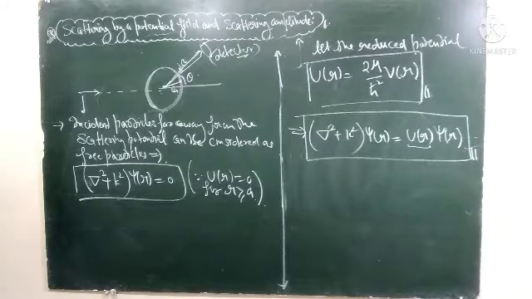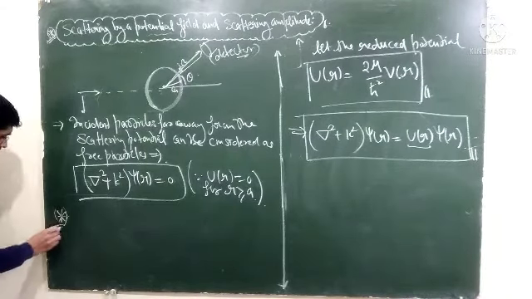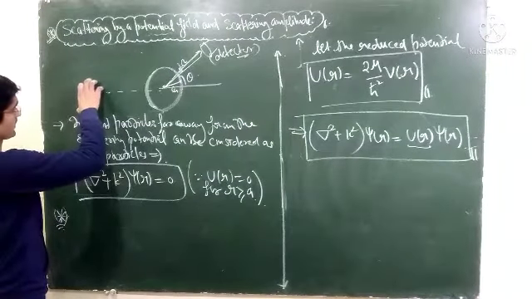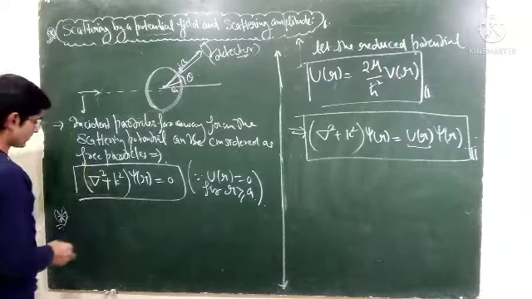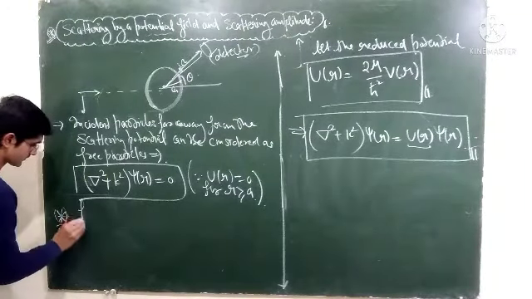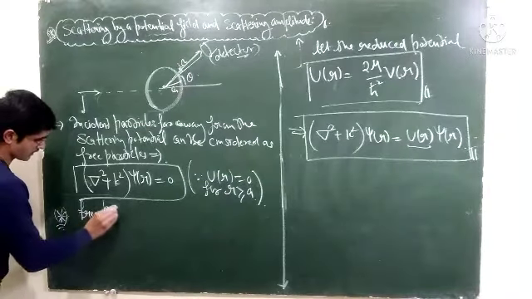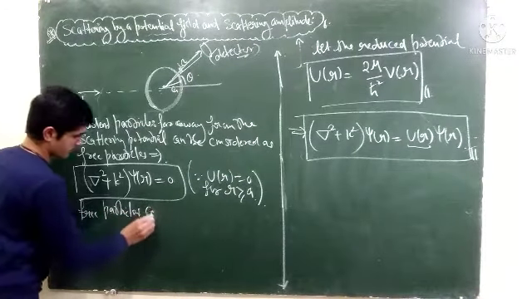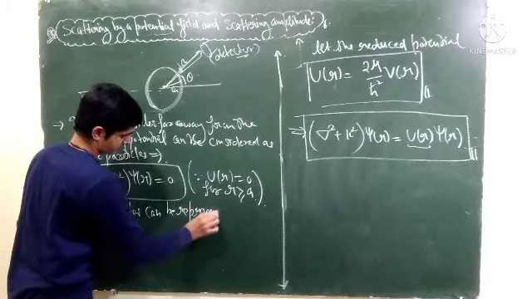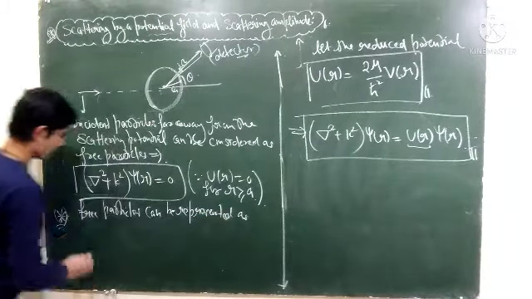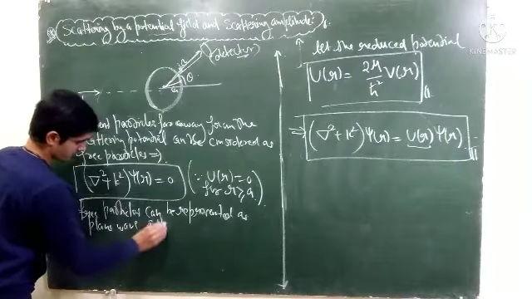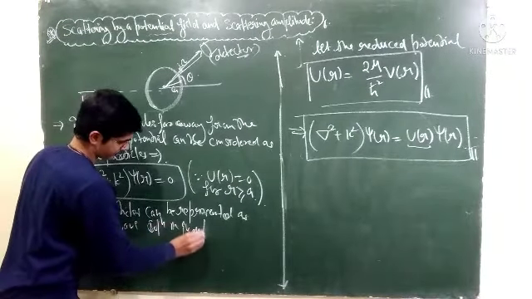Now what is much more important than this is when the particles are free, we can represent those particles in the form of plane waves. So free particles can be represented as plane wave solutions in quantum mechanics.